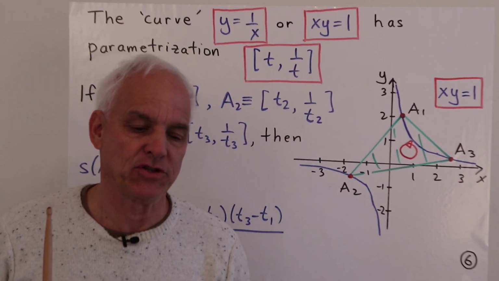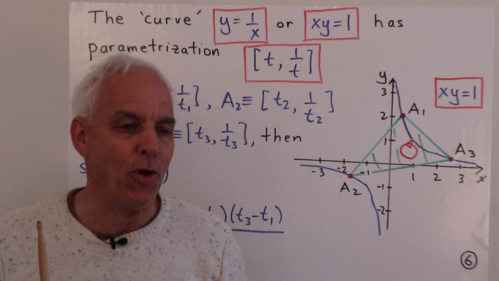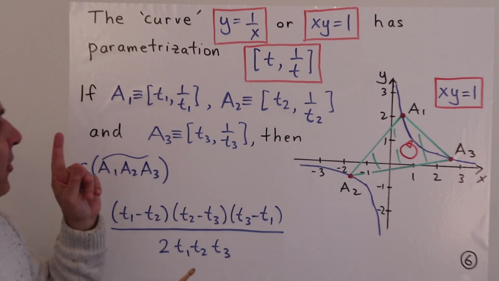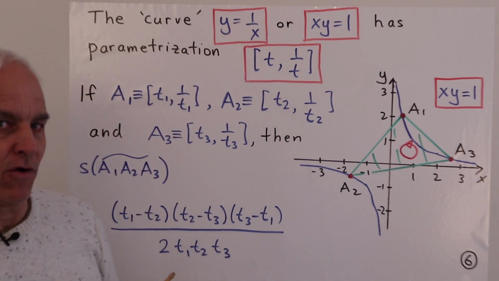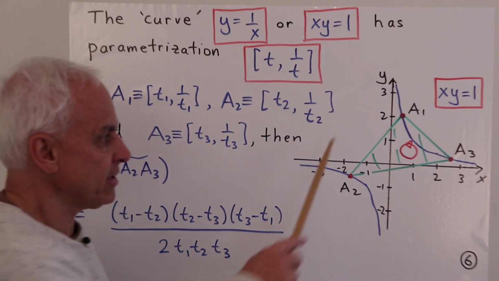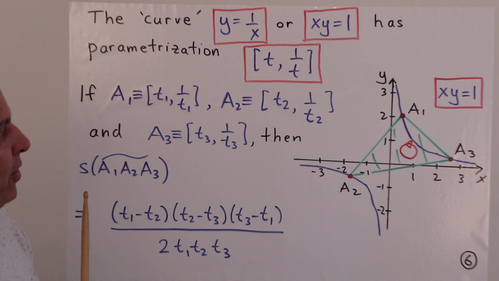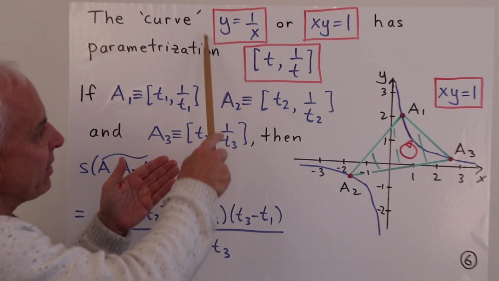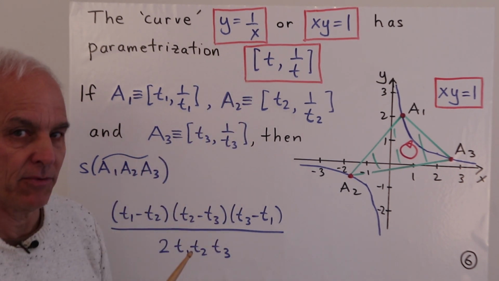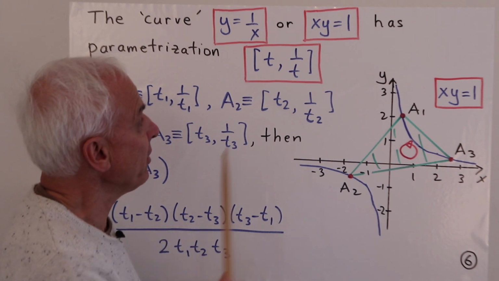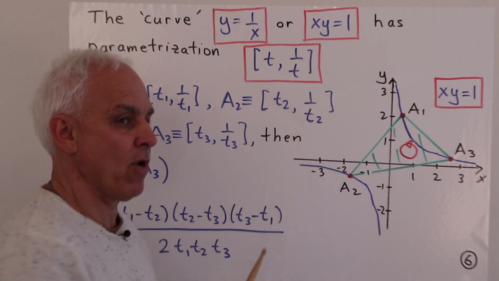Now, another curve that's going to be playing a very important role in calculus is this one here. The curve y equals 1 over x, which is a hyperbola. Typically looks like that. Or we could also rewrite the equation by getting rid of the denominator and writing it as x times y equals 1.